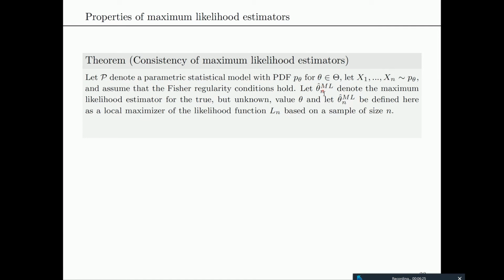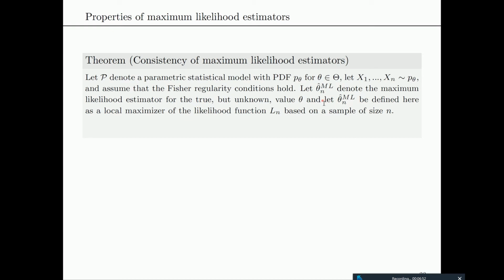And here we understand the maximum likelihood estimator as a local maximizer of the likelihood function Ln. The reason why it's not understood as the global maximum is that the proof requires that it's at least a local maximizer, and it doesn't say anything about the global properties.